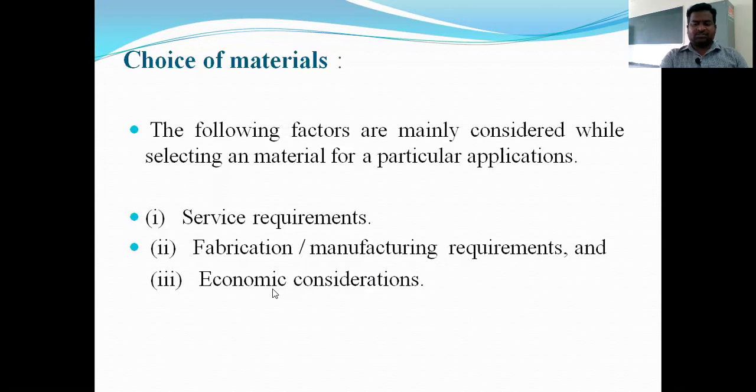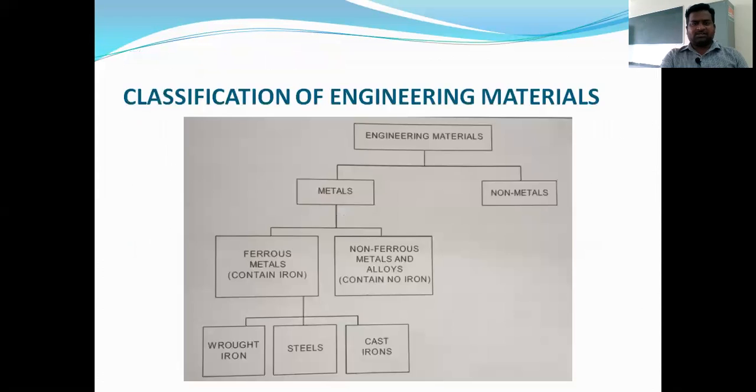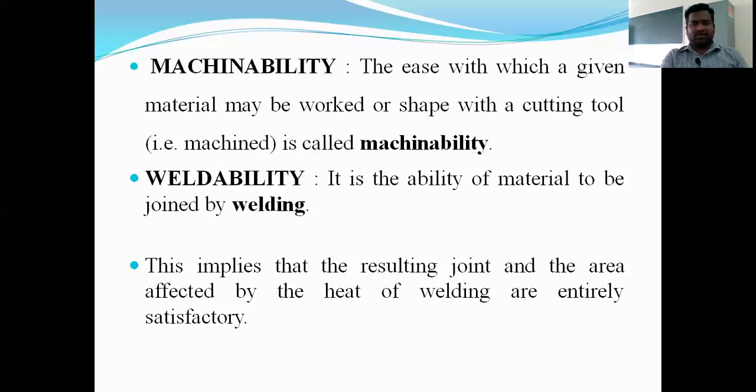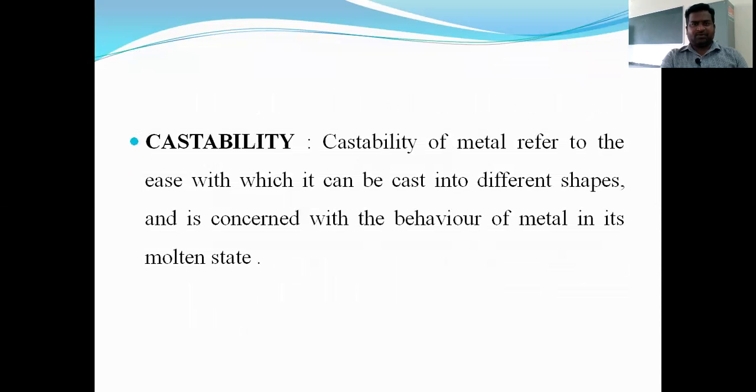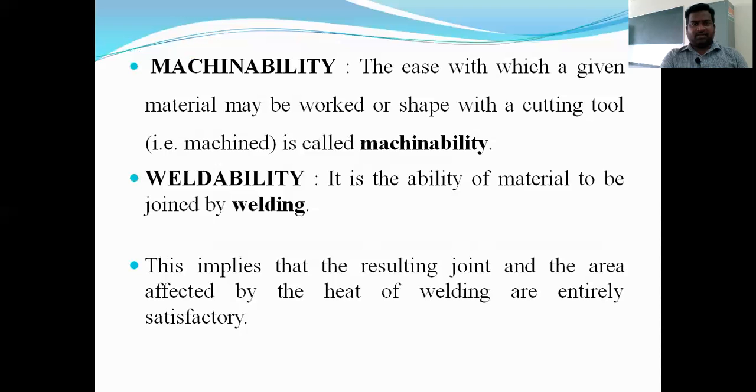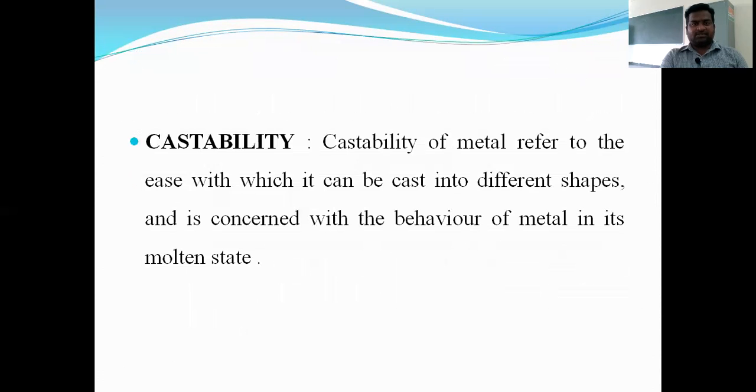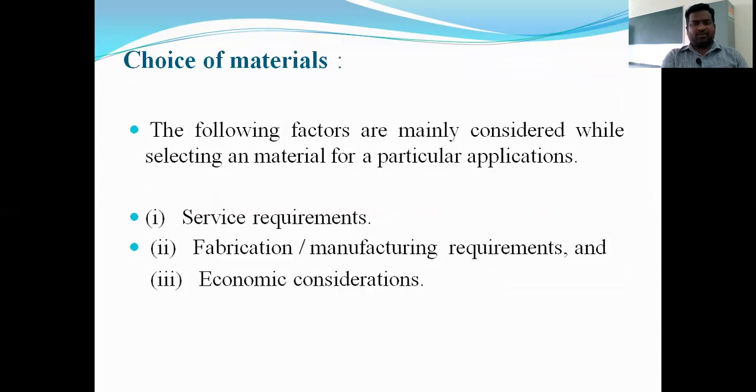Before this topic, we already discussed machinability, weldability, and castability. So what are these things? Based on the material, some materials are easily machinable, some are easily weldable, and some are easily castable. So this point influences the fabrication and manufacturing requirements.